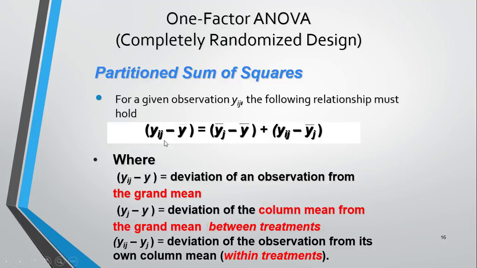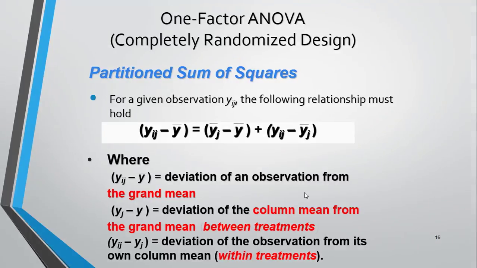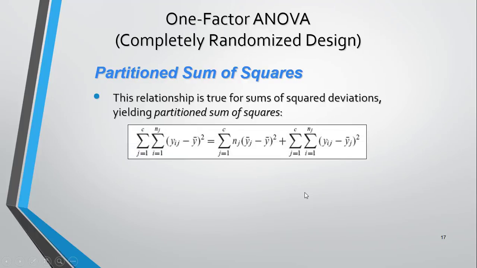So the deviations can be separated into two parts, within and between. The same relationship is true for sum of square deviations, yielding the partitioned sum of squares. This is the total sum of squares, this is the sum of squares between, and this is the sum of squares within.